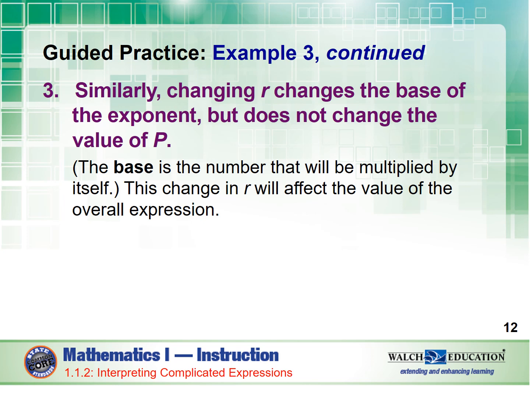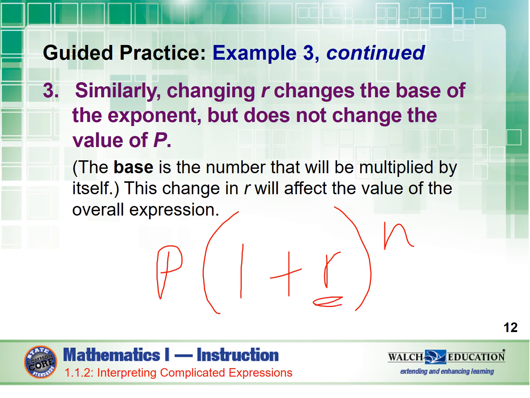Similarly, changing r changes the base of the exponent, but does not change the value of P. So we've got P(1 + r)^n. So changing r changes the base of the exponent, okay? So the base, this is the exponent.